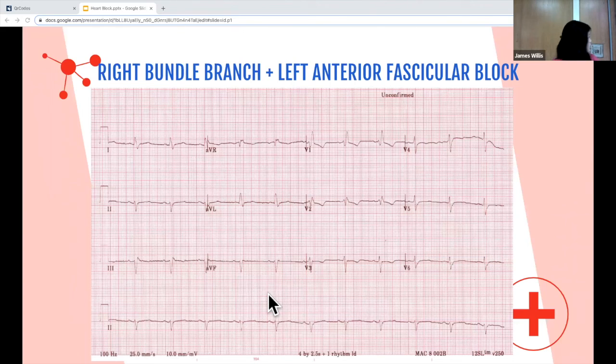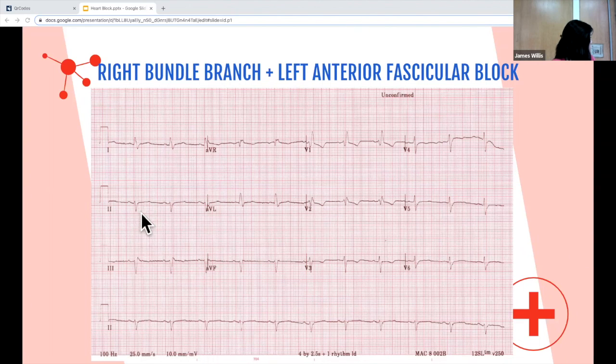So here, now that we've gone through bundle branches and fasciculars, we get to see a little bit of everything. If we look at the precordial leads, you see this little bunny ear sign. So you have this sign of a right bundle branch, and you have the slurred S in your laterals.